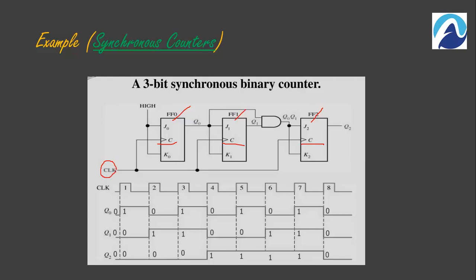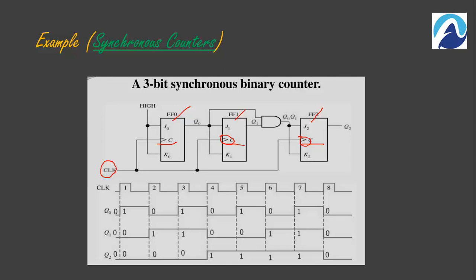It means all 3 flip-flops are going to be triggered at the same time. Each flip-flop is a positive edge trigger flip-flop. So that is the major difference between asynchronous and synchronous counters.